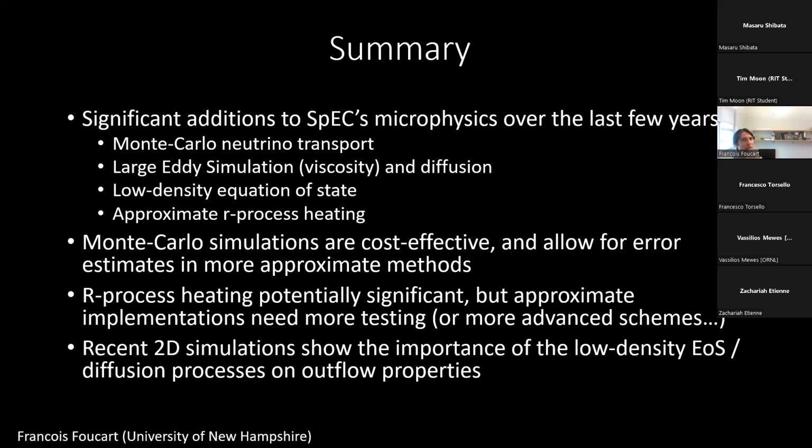We are starting to implement fancier equations of state and things like that in the code for the microphysics side. We haven't done neutron star merger simulations yet with Spectre because the coupling between matter and Einstein's equation is still a work in progress. So that's pretty close, I think, to being finished. Does that answer your question?